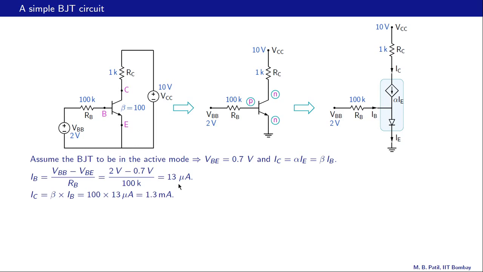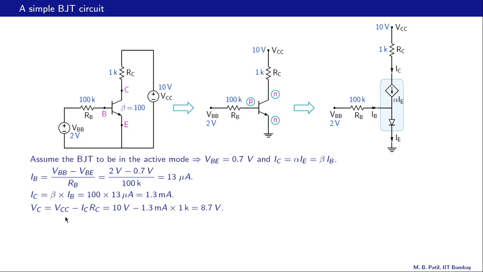Once we know the base current, we can calculate the collector current. So the collector current is beta times IB, that is 100 times 13 microamps, or 1.3 milliamps. What about the collector voltage here or here? It is 10 volts minus collector current times RC, this voltage drop here.